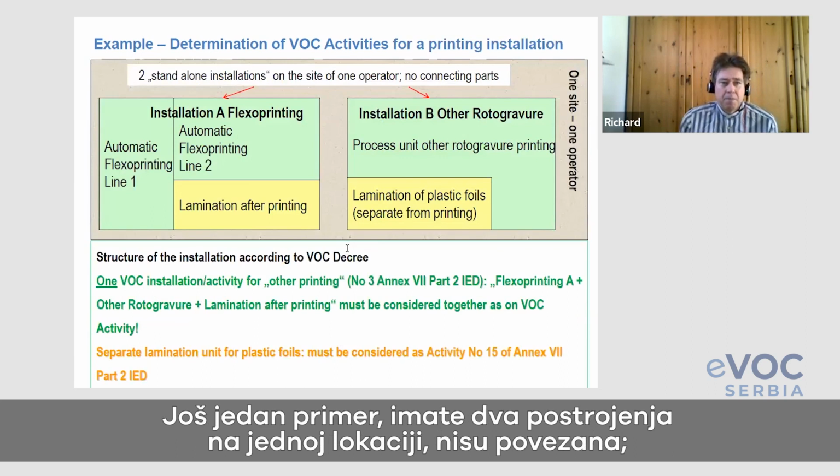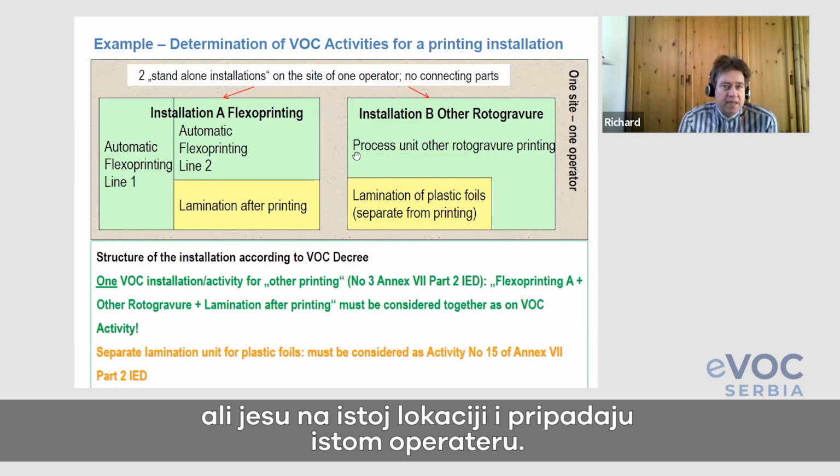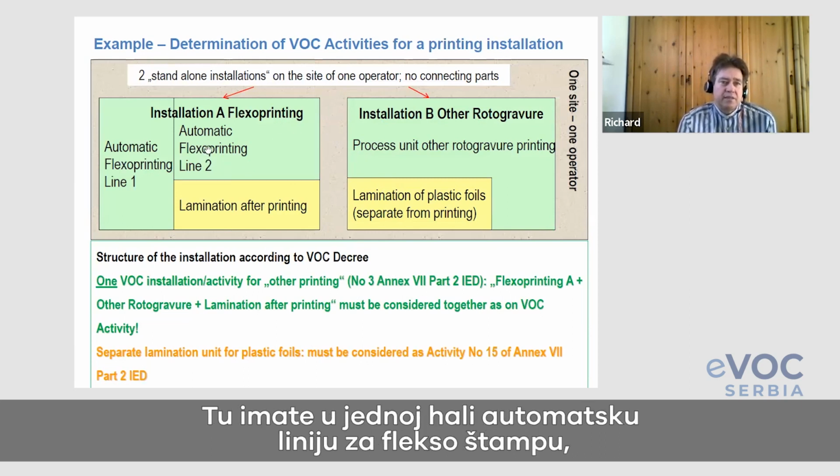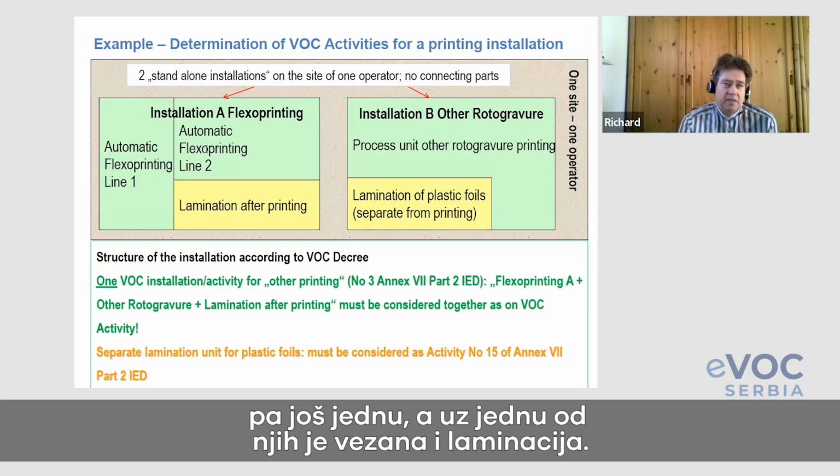Another example. So you have two installations. It is one site, and there are no connecting parts. But it's one site and one operator. So here in installation A, you have an automatic flexo printing line, another line, and one line has a lamination after the printing.